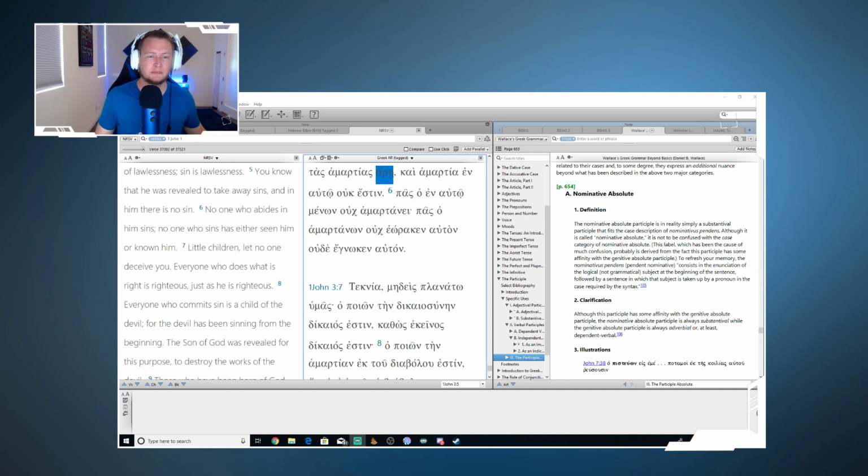So in the translation, the aspect is still there, but because it's substantival, it's not as prominent. But that is what we're dealing with here.